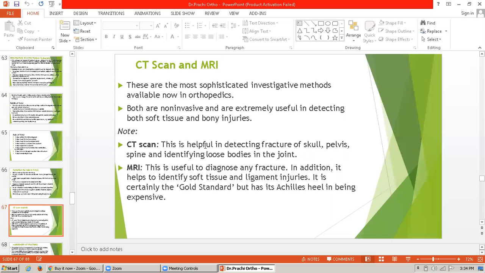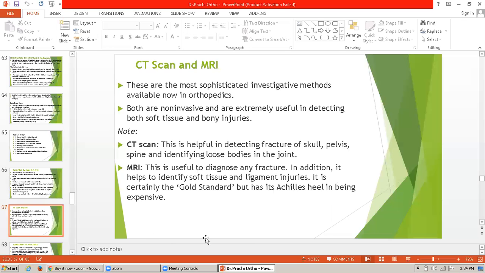Note, a CT scan is helpful in detecting fractures of the skull, pelvis, spine, and identifying loose bodies in the joint. An MRI is useful in diagnosing any fracture. In addition, it helps to identify soft tissue and ligament injury, and it is certainly the gold standard, but has its Achilles heel in being expensive.